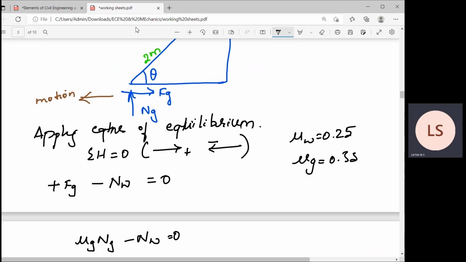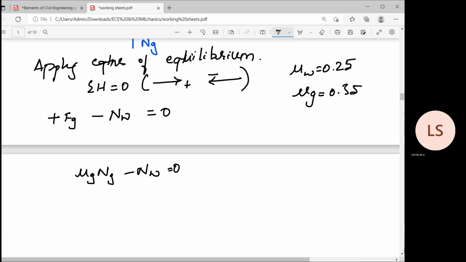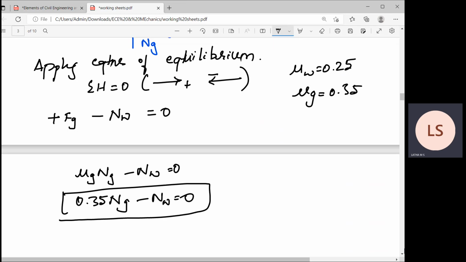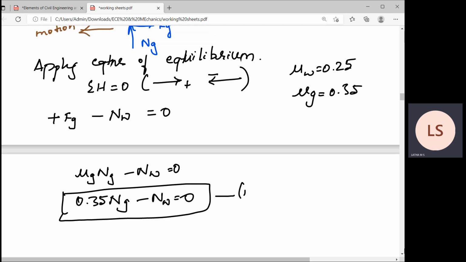So I'll take these values: 0.35 NG minus NW is equal to 0. I'll block this equation and give it equation number 1.